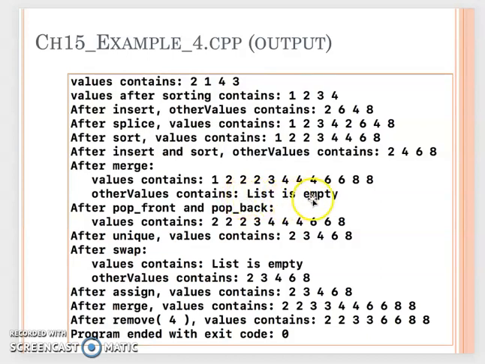So that's the reason we show you here with display, when we display the list, we show the list is empty. So after the merge, actually they have the other values all going to the values list. And you see after that they are empty, right? So then after we swap, you see the values contain the empty list. So that's our example for the list.